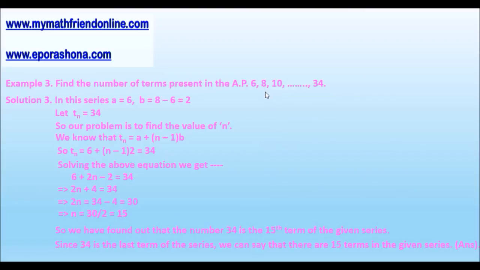Okay. So just remember this formula, that is the formula for getting the general term or any term of an AP where a is the first term and b is the common difference. It is Tn equal to a plus n minus 1 whole multiplied by b.